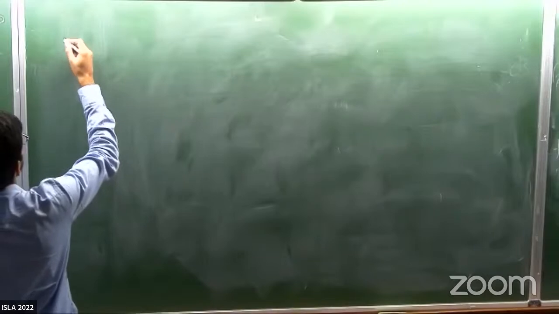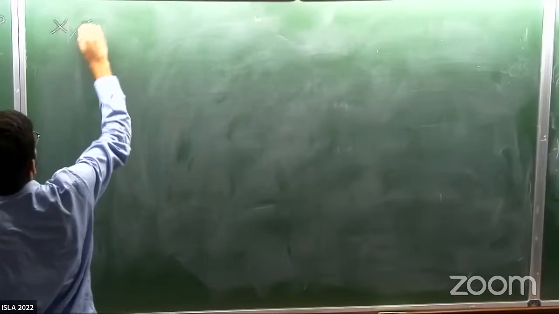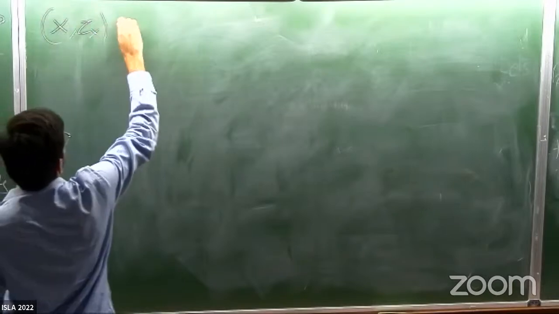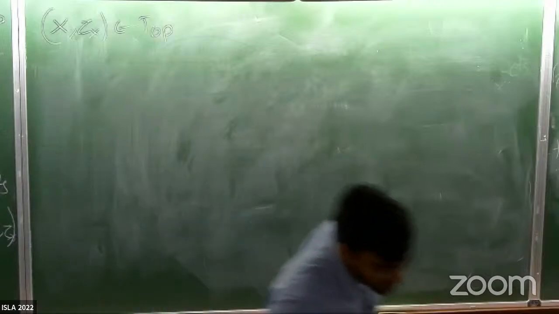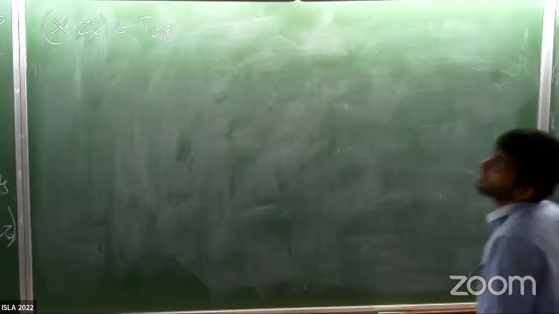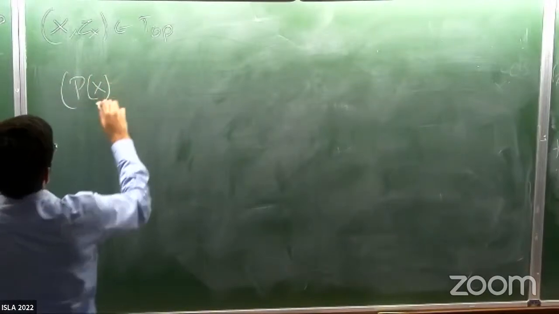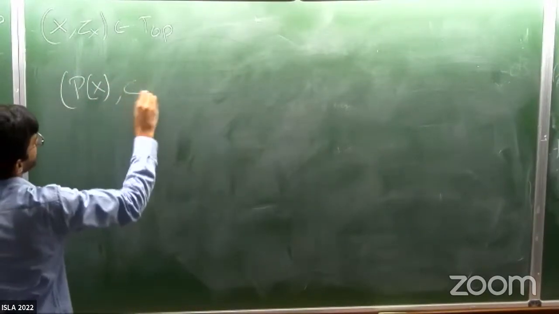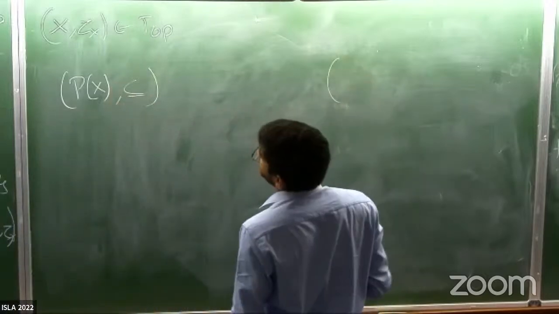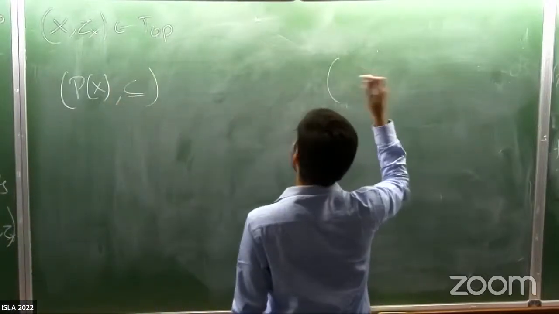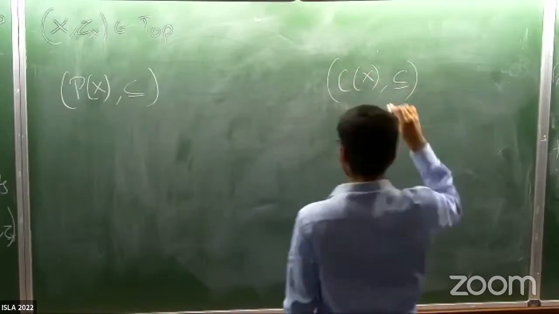So you begin with a topological space (X, τ_X) in top. You look at all of its subsets of X under inclusion. This is a poset. You look at all the closed subsets of X. So maybe I will write this as C(X) under inclusion.